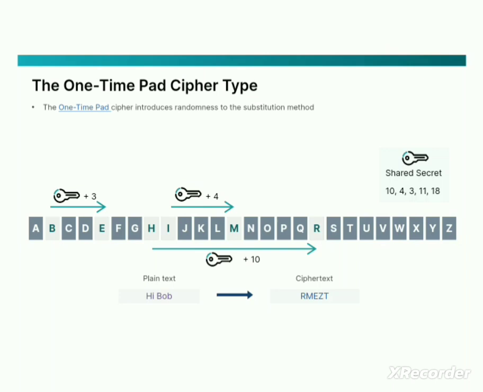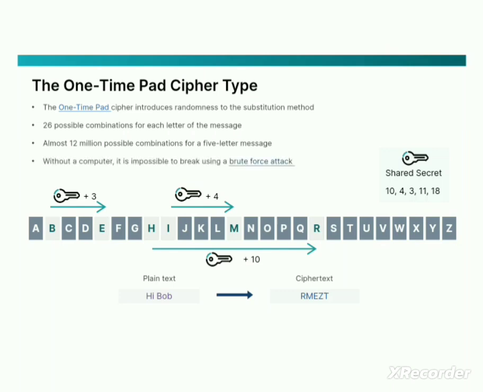However, if each letter had 26 possibilities, then a 5-letter message would be 26 multiplied by itself 5 times. This amounts to almost 12 million possible combinations. Without the help of a computer, this ciphertext is virtually impossible to break. Click on the underlined words for more information.